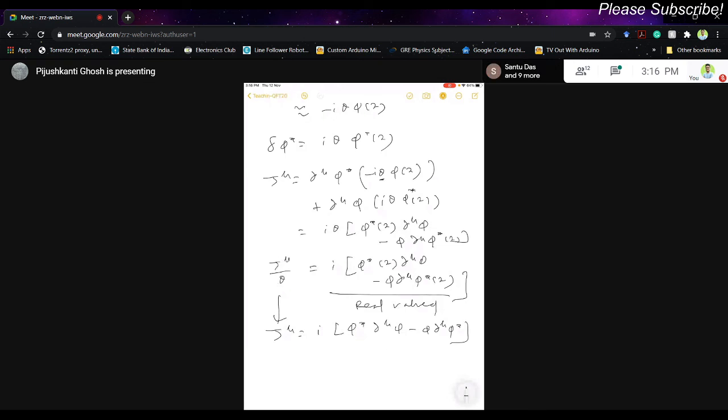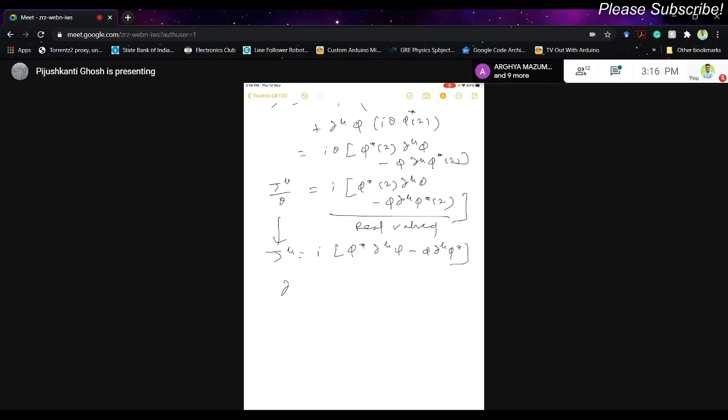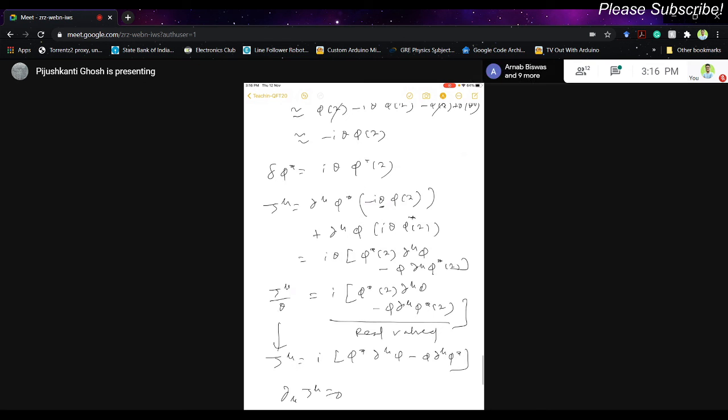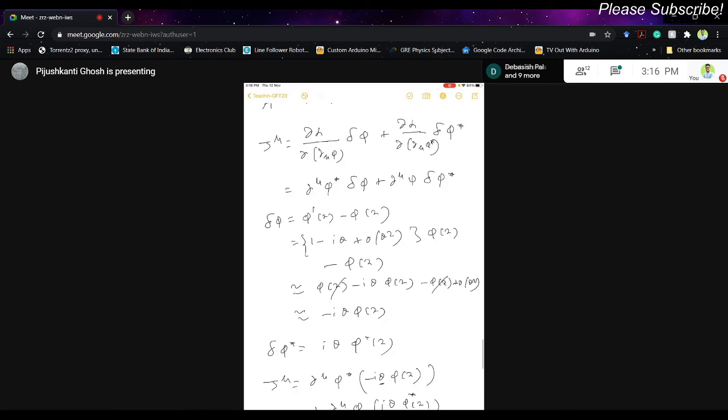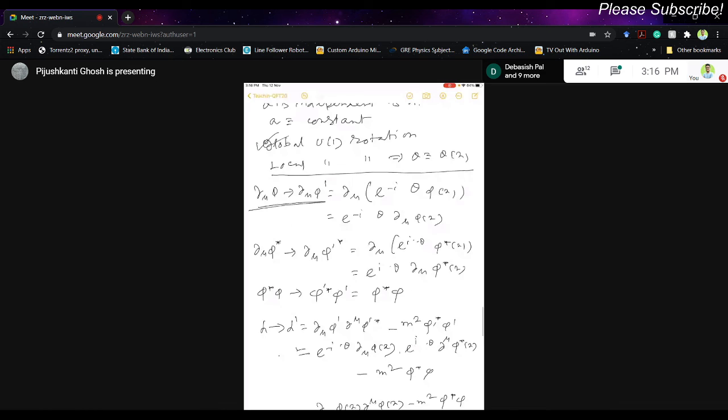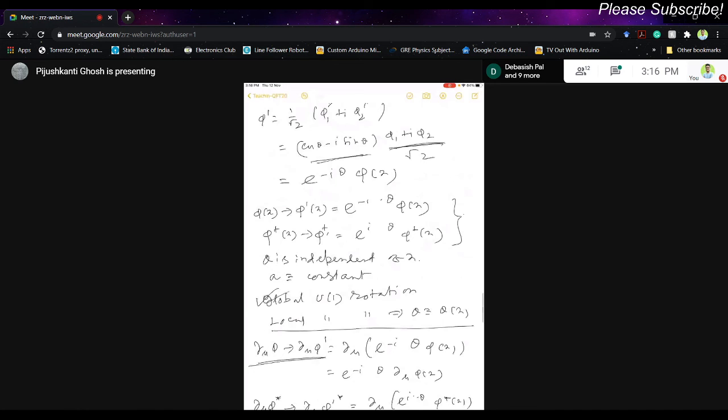So basically, in the Klein-Gordon equation we are getting the same current. We got the current earlier also, but here this conserved current is coming because the action of the Lagrangian is invariant under this U(1) global rotation. So this is the Noether charge. Clear?